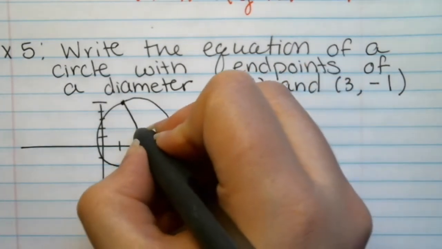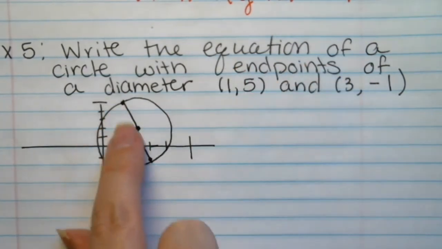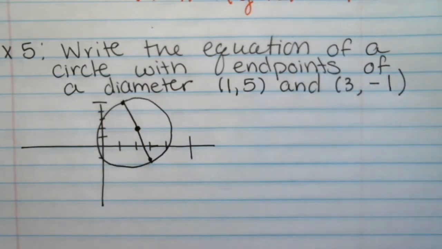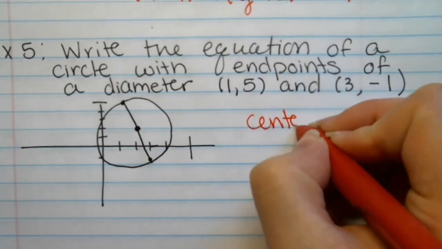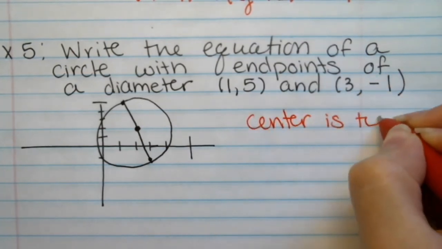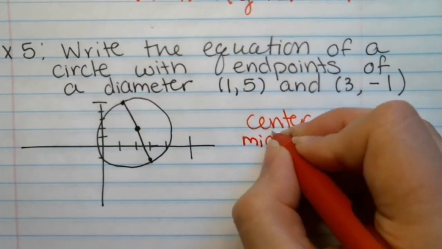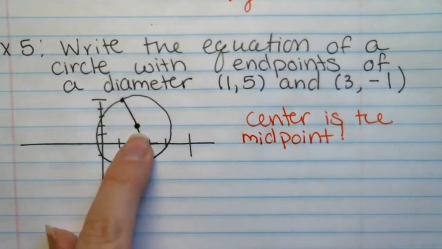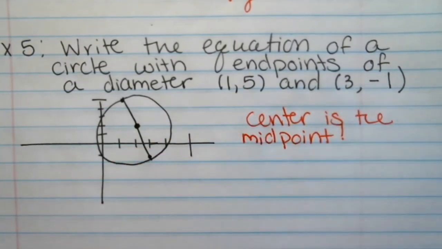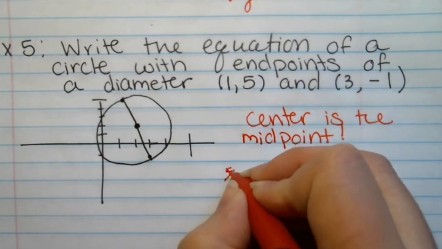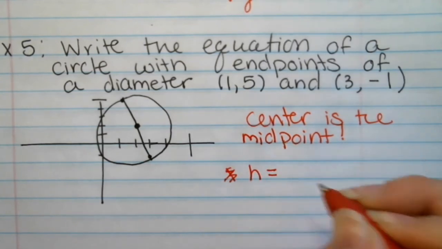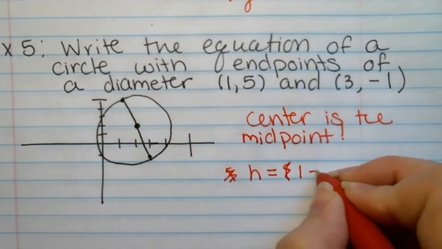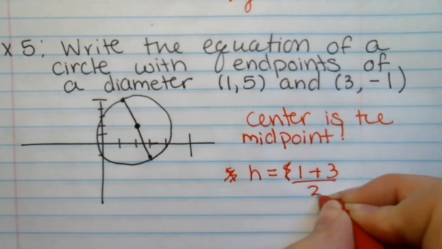Now the center of the circle is going to be halfway between these 2 points. So what that tells us is that the center is going to be the midpoint. So let's look for the center of the circle by finding the midpoint of these 2 points. Our x-coordinate of the center is going to be x1 or 1 plus x2 or 3 over 2.